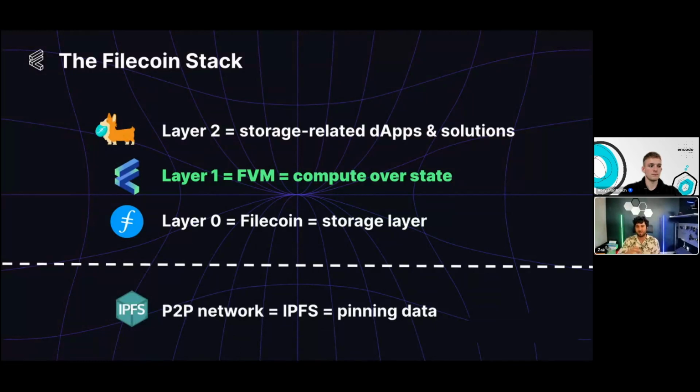So it's not separate from those nodes, but within those nodes, a layer on top. And then, you can think of layer 2s as storage layer dApps and solutions. And there can also be traditional layer 2s that, if you're in the Web3 space, you may be familiar with, blockchains that hook into the Filecoin virtual machine. Right, so we have increasing layers.